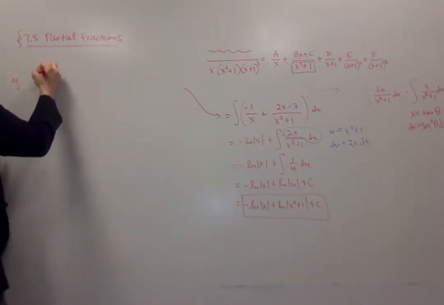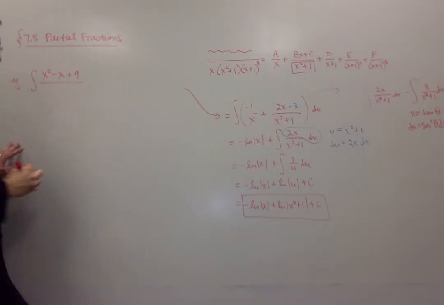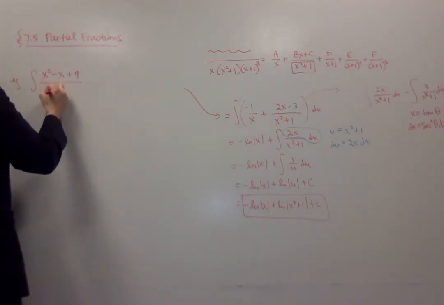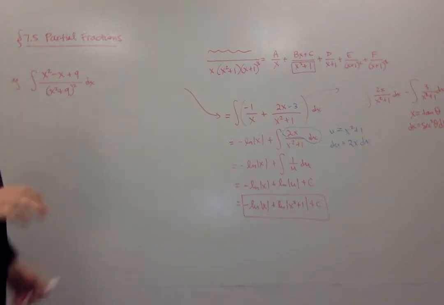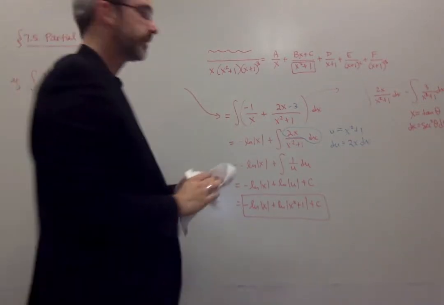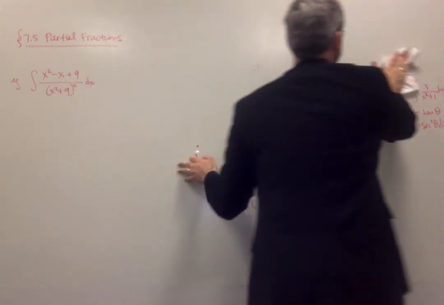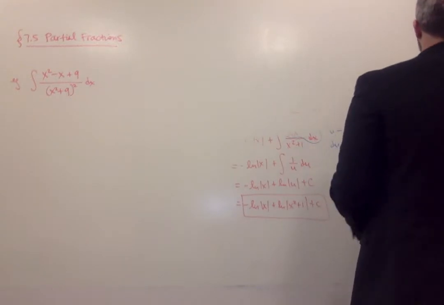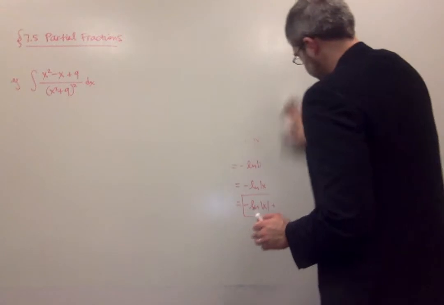Okay, last example today is x squared minus x plus 9 over x squared plus 9 quantity squared. Okay. Again, polynomial over a polynomial. There's no way to mentally go down that list that I had. There's no way to simplify it.